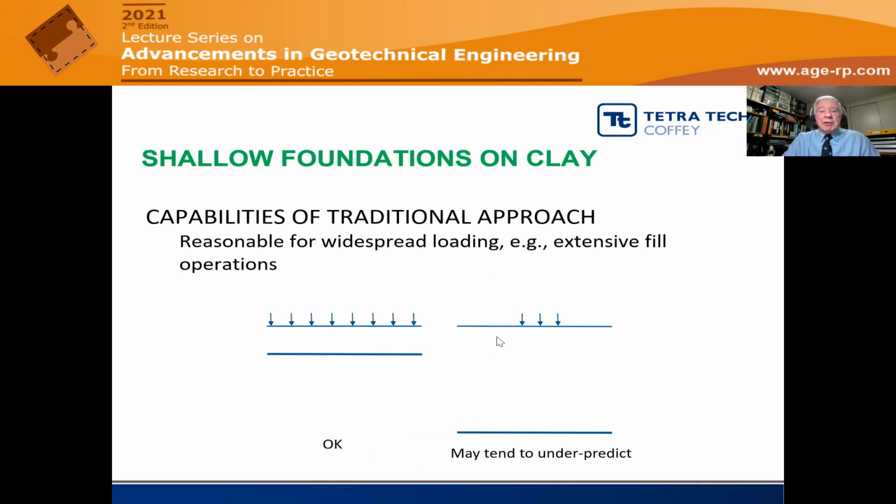So if we've got a problem like this, where we've got a relatively shallow layer of clay and a wide loading, then one-dimensional is pretty good for that. But if we've got a relatively limited footing size on a deeper layer, that may tend to underpredict.